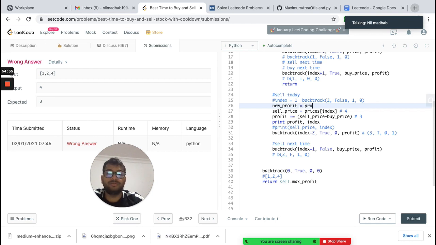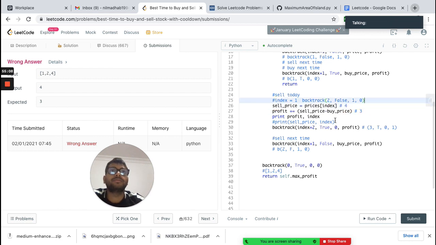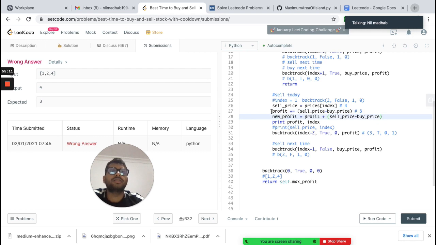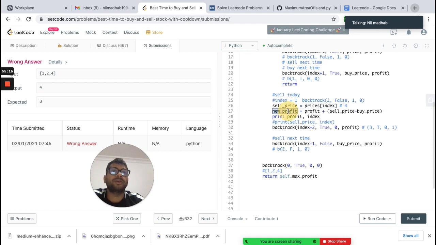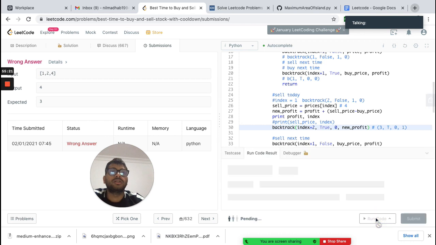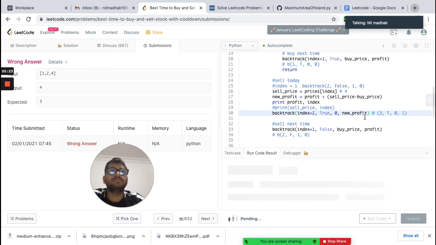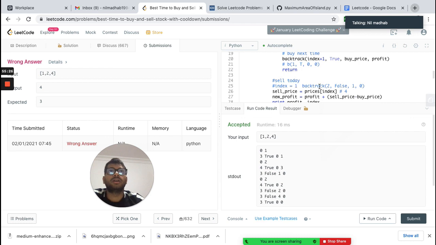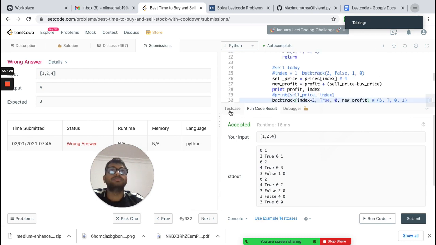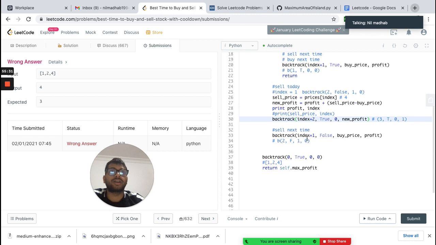New profit will be profit plus this. That line should be... silly mistake. And we pass the new profit here, and we pass the profit here. Yeah, cool. One silly mistake.